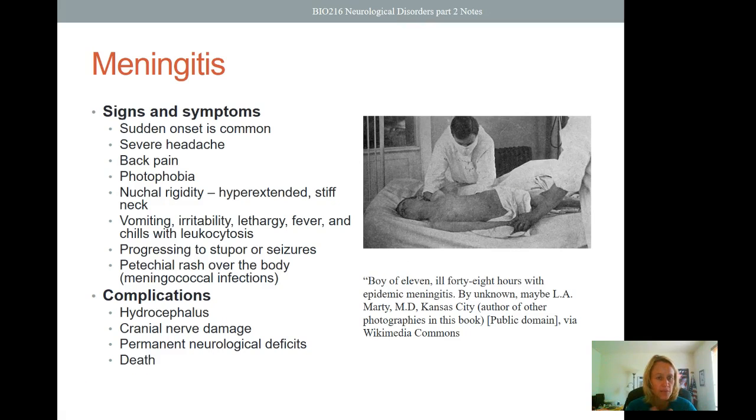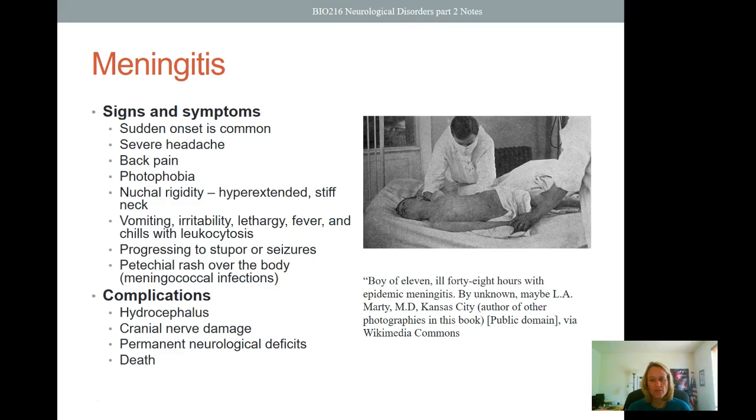Signs and symptoms of meningitis include a sudden severe headache, back pain, photophobia, nuchal rigidity, which is a hyperextended and stiff neck, vomiting, irritability, lethargy, fever and chills with leukocytosis. And this can progress to stupor and seizures.